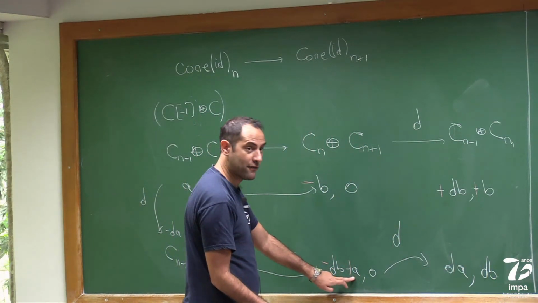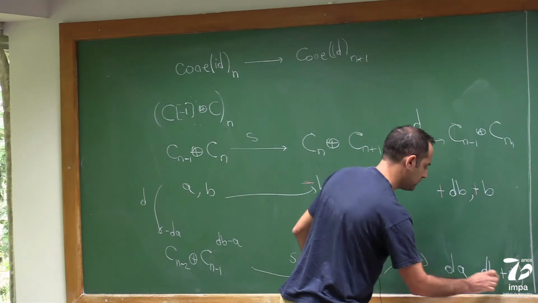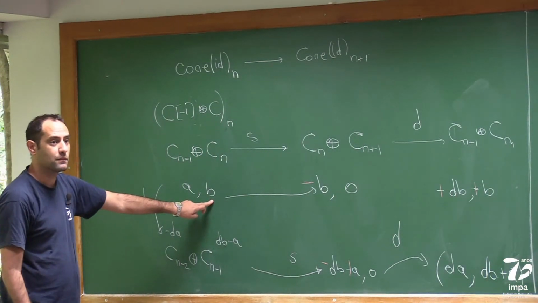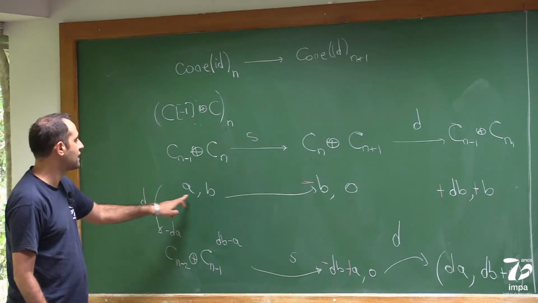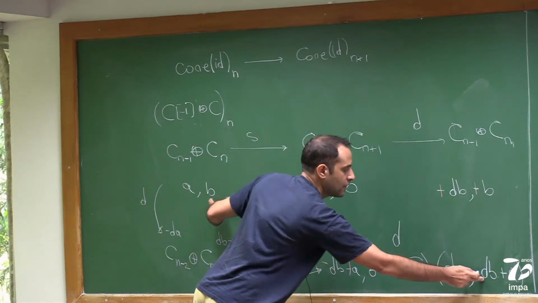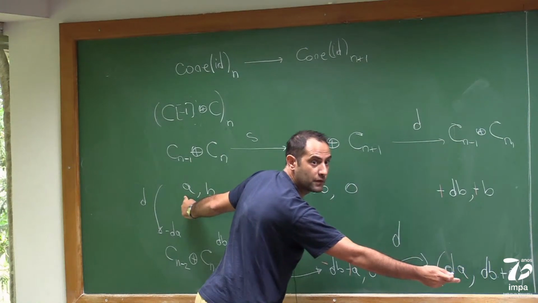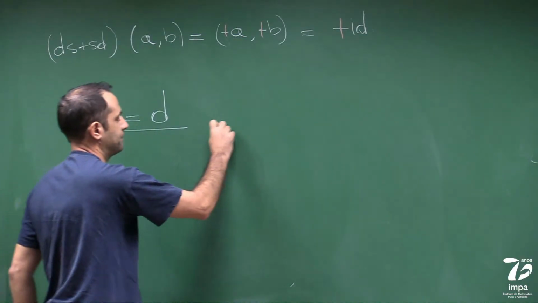And then I also have the A. And that's actually what the differential of this object is. Probably I got the signs wrong again because of the minuses. But the differential of this object is dB in here. And then the differential of A is dA on the first component and A on the second component. This is the identity. So that's fine. So we get that this is a splitting.